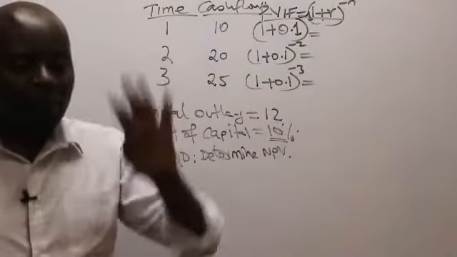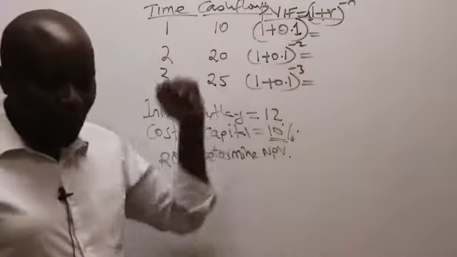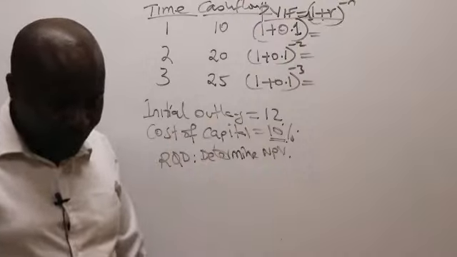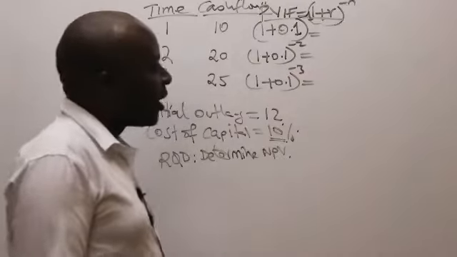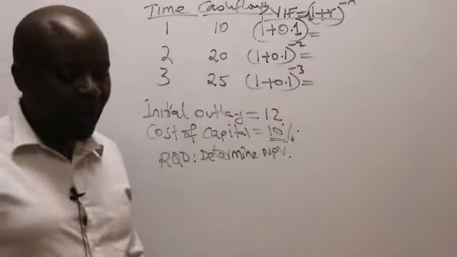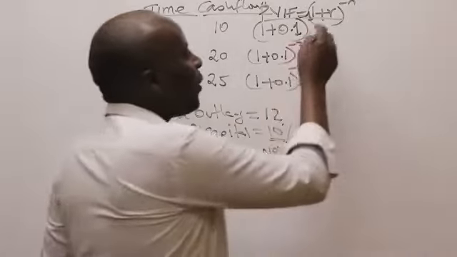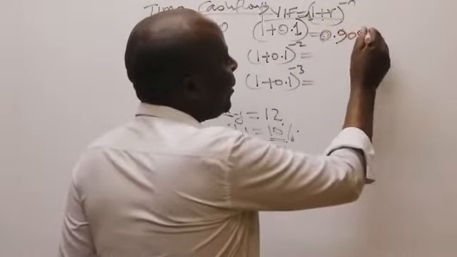To 4 decimal places, the first one will be 1.1 raised to minus 1, which is 0.9091.